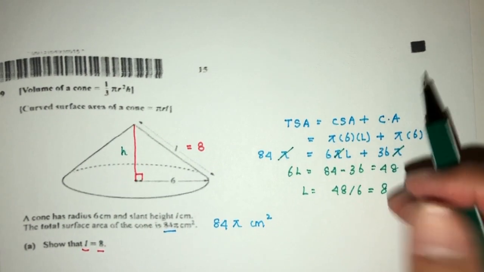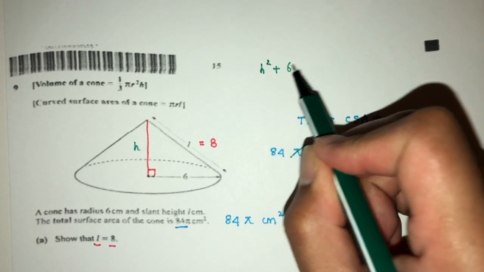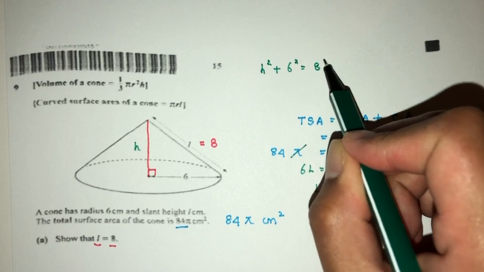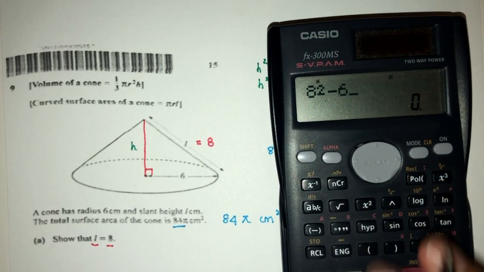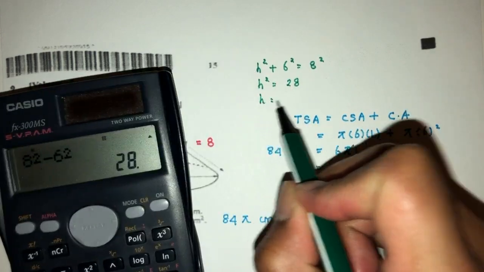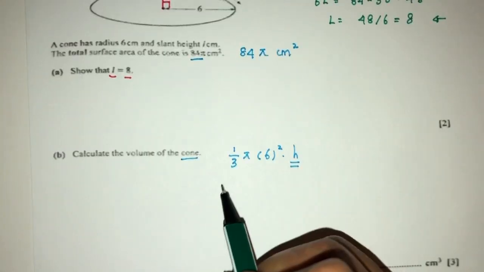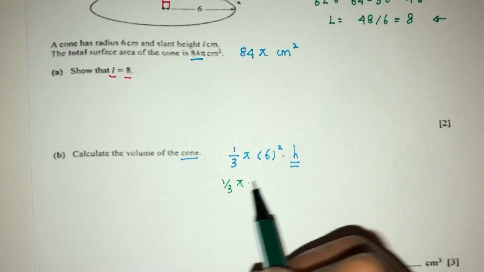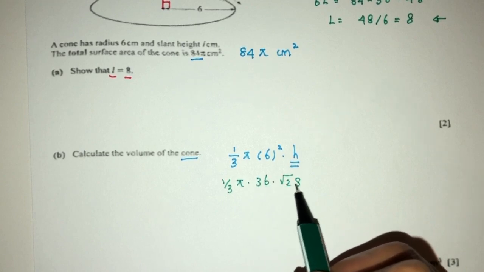So how would you find this? We can form an equation which is h squared plus 6 squared has to be 8 squared. So h squared has to be 8 squared minus 6 squared, that will have to be 28. So h has to be root of 28. So replace, you have 1/3 pi times 36 times root 28.